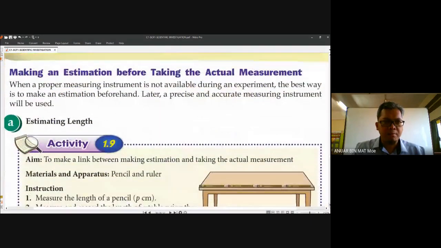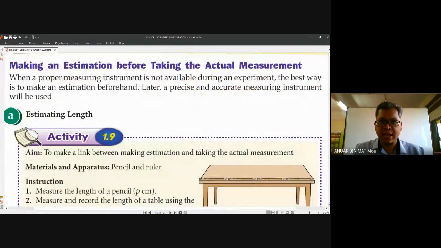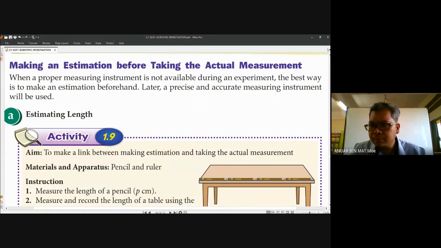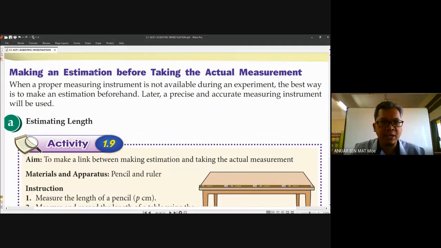Making an estimation before taking an actual measurement. What is meant by estimation? You just try to guess the length before taking the actual measurement. The estimate may not be correct.